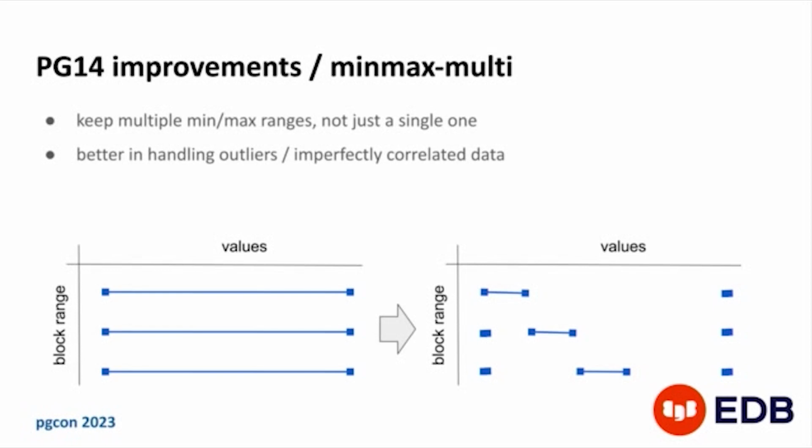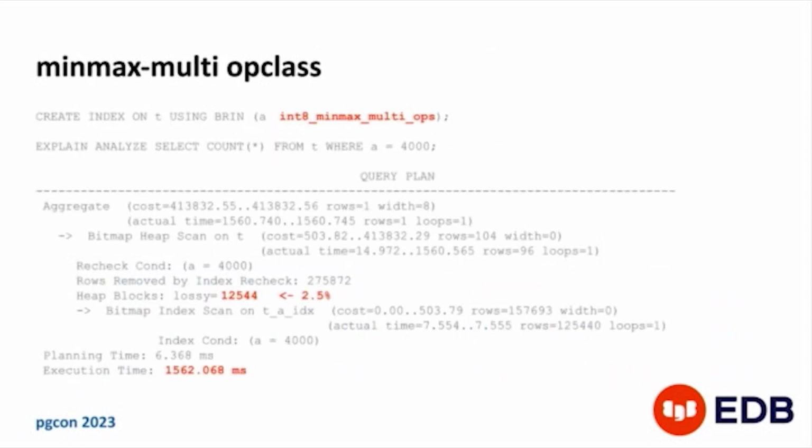And that means that if we get a value search for here, for example, we know that it doesn't intersect with the summary, and we can still eliminate the range. So this is how you actually use a non-default operator class. We say using BRIN, and then you specify the name of the operator class here, which for integer 8, which is bigint, is min-max-multi operators.